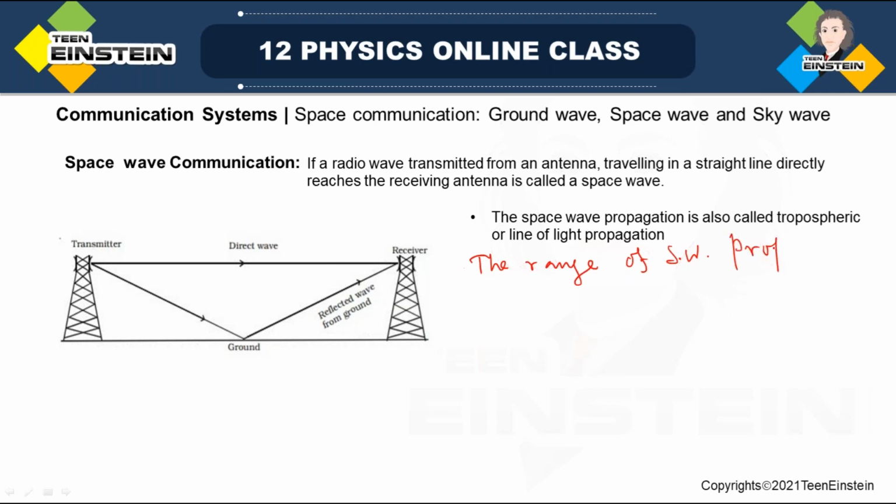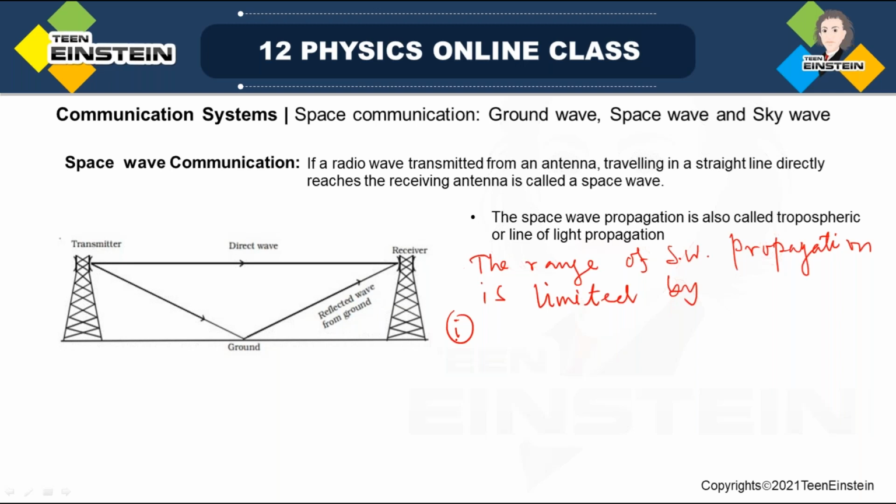The range of SW propagation is limited by the following factors. What are those? One factor is the line of sight distance at which the transmitting and receiving antennas can see each other.